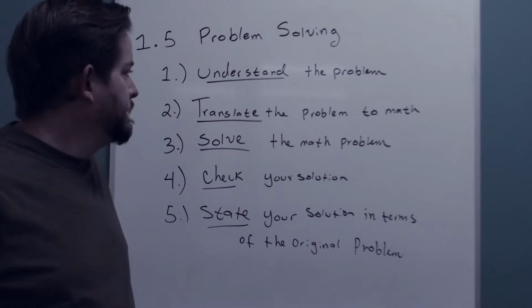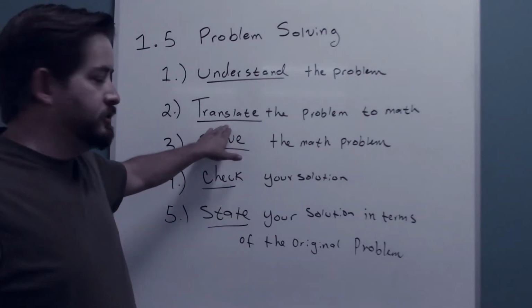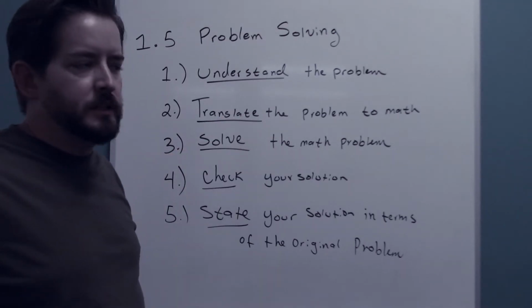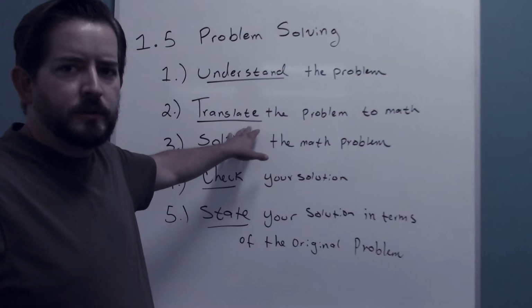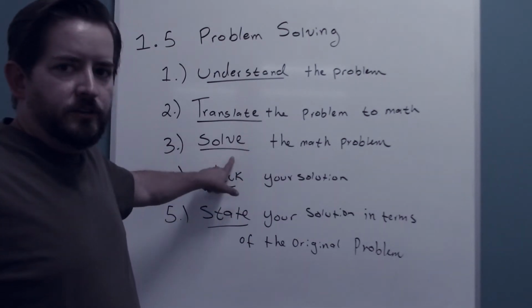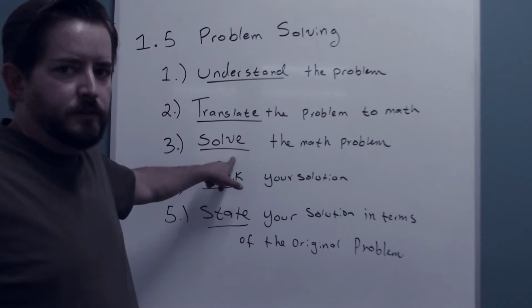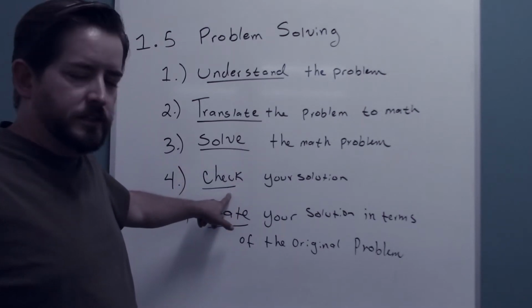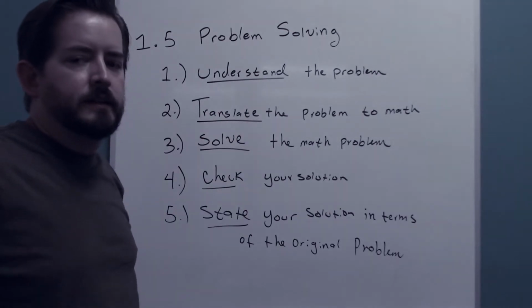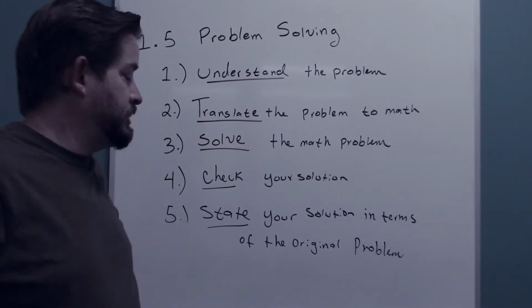what do they want at the end of this problem? Right? Once you understand that, then go ahead and translate the problem into a mathematical equation or set of equations, but we're going to start with just typically one equation in this section. Once you've got that, then you can solve it. Once you've solved the equation, you'll want to check your solution, take your answer, plug it into the original mathematical equation and check it.